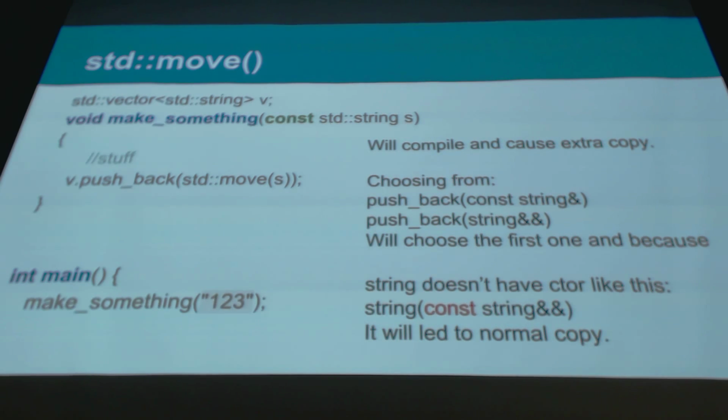So we have two push_backs: one which takes something by const Lvalue ref, and the other that takes something by Rvalue ref. Of course, we cannot bind const string&& to string&& because we would get rid of const. So it binds to const string&, and we don't have a string constructor that takes const string&&. So we have to make a copy.